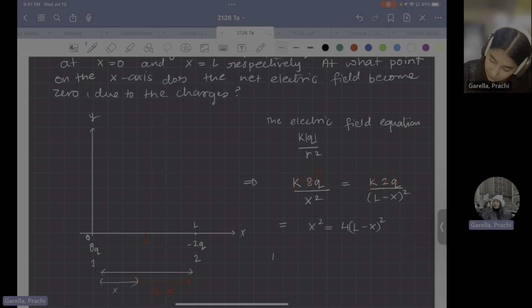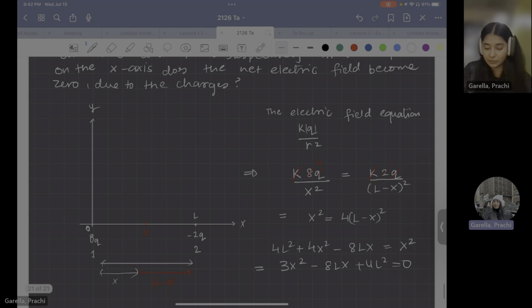This becomes 4L squared plus 4x squared minus 8Lx equals x squared. So this becomes a quadratic equation, which is 3x squared minus 8Lx plus 4L squared equals 0.